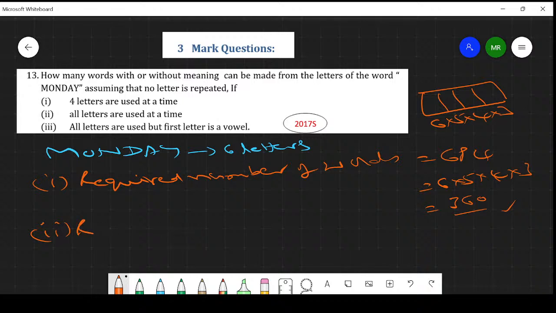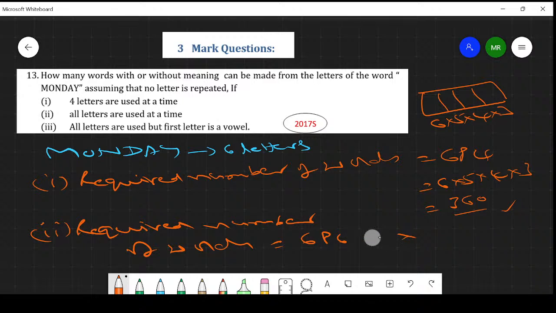The required number of words equals 6P6.